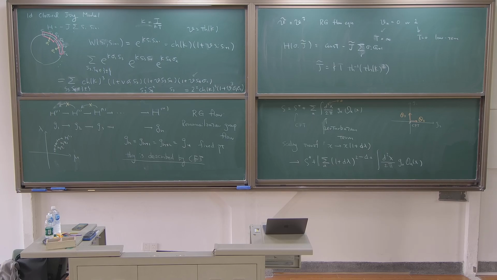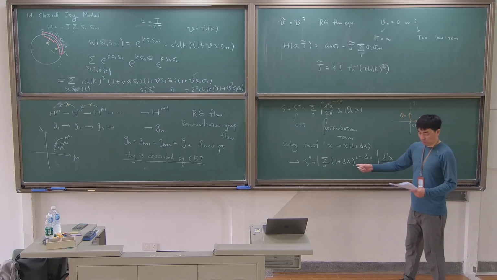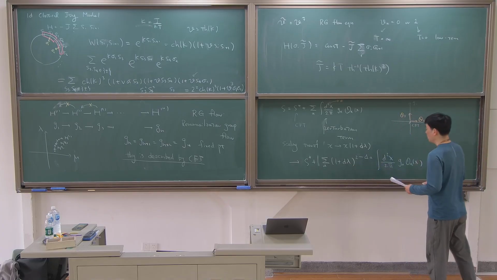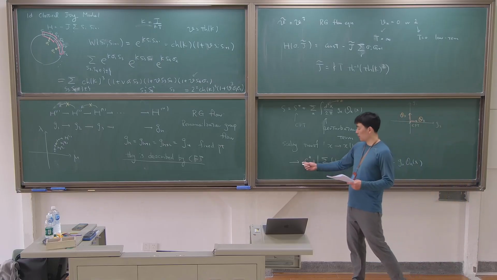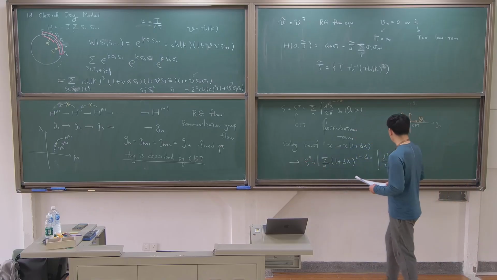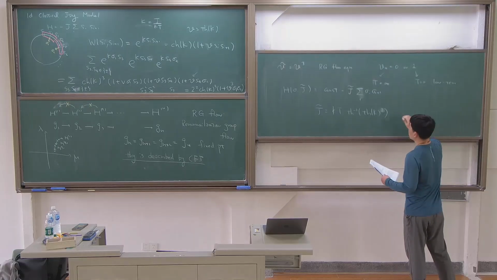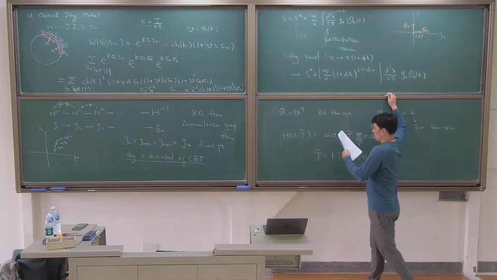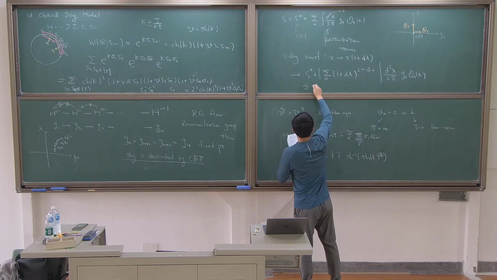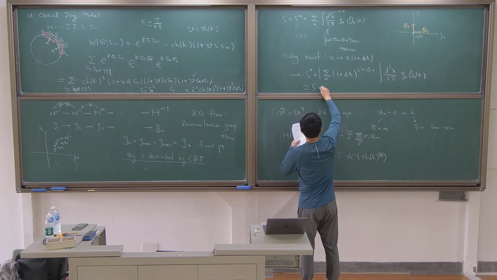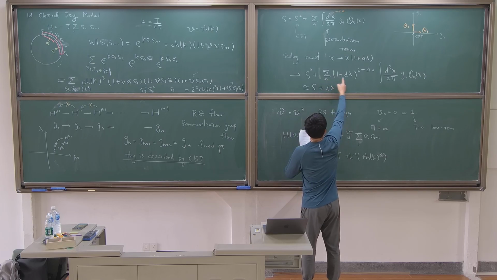And suppose this d lambda is very small, and the theory is invariant under the scaling transformation. So therefore, this can be written down. I just keep only the linear term in d lambda.